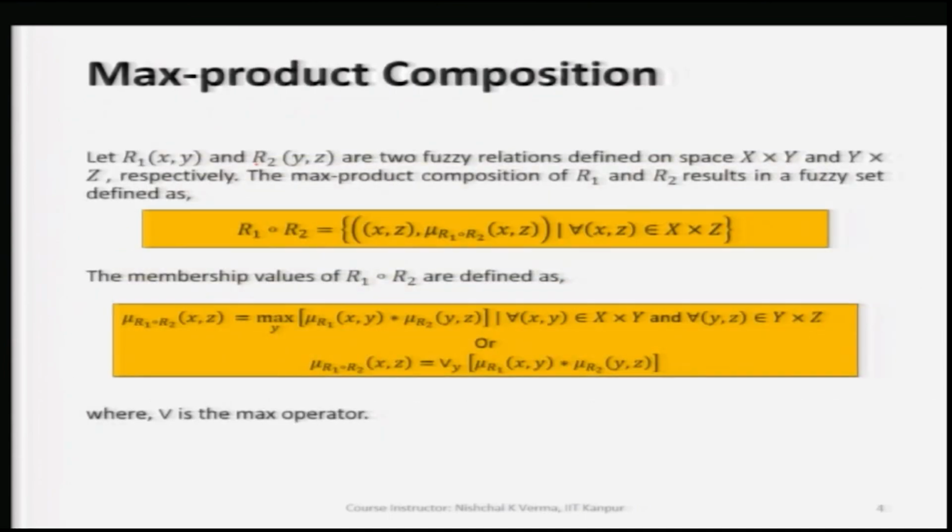When we come to the max product composition, the min is changed to product. That means, instead of min we multiply.